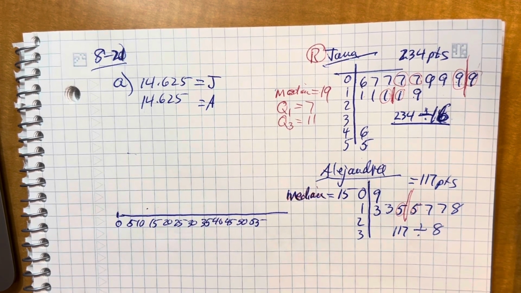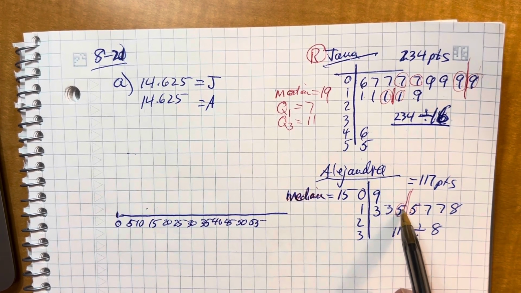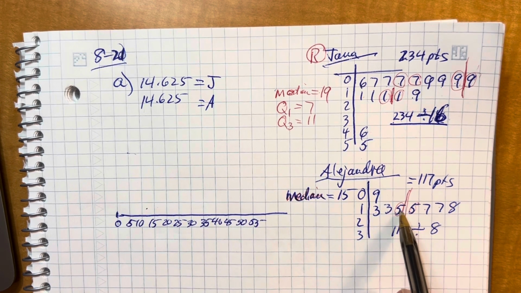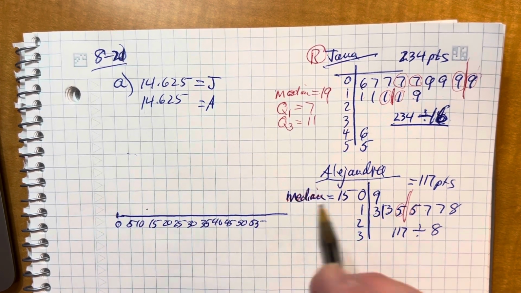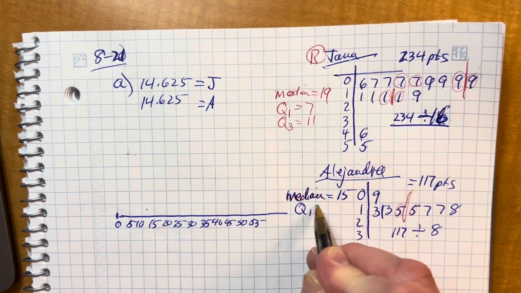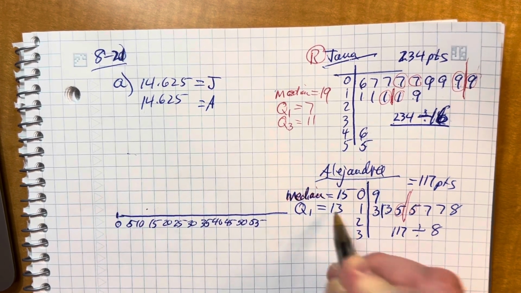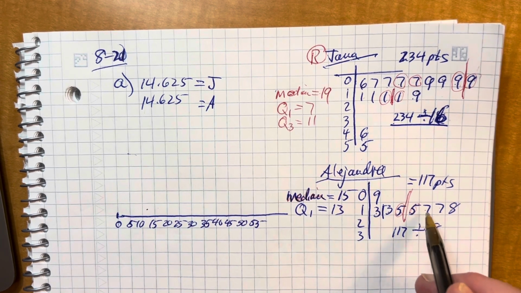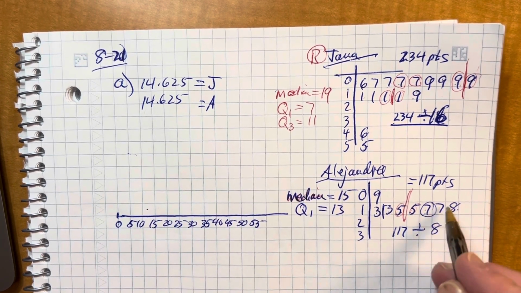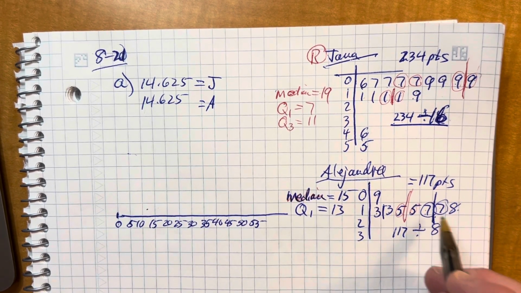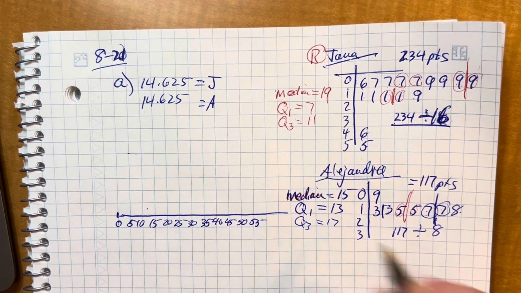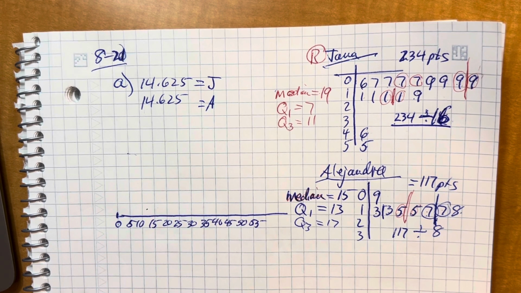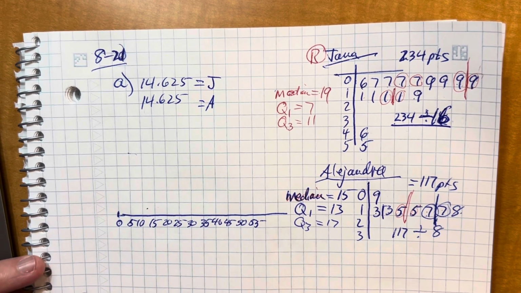Now the lower quartile, there's 4 numbers, so we count 1, 2, right here's 13. So the Q1, or the lower quartile, is 13. The upper quartile, 1, 2, 1, 2, right here it is, that's number 17. Q3 is 17. So let's try to graph these out.